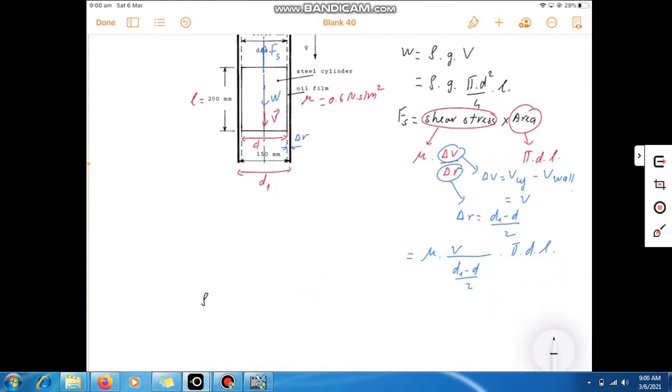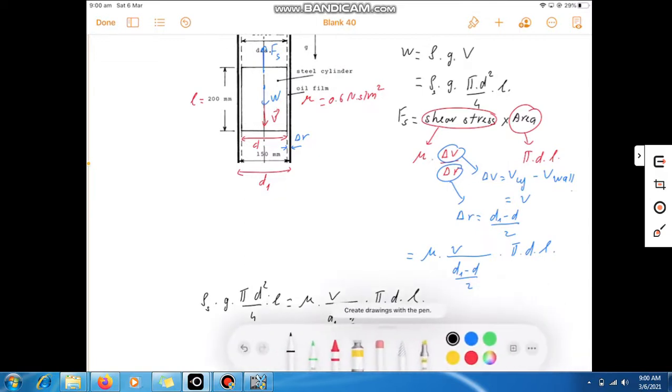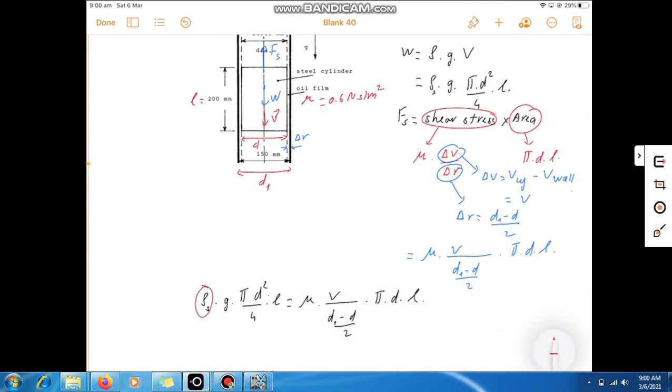Okay, so when we apply this to equation 1, we will have rho of steel times gravity times pi d square over 4 times L equal to viscosity times V divided by (d1 minus d) over 2 times pi dL.